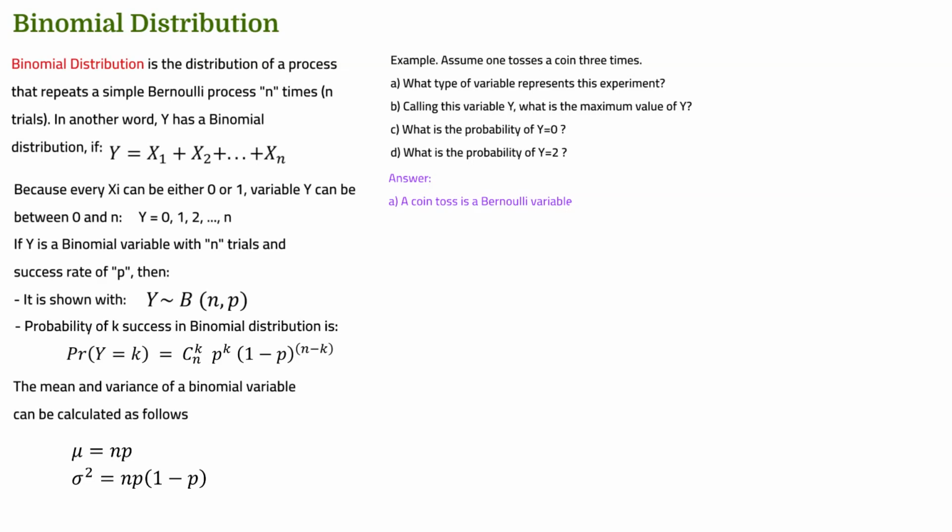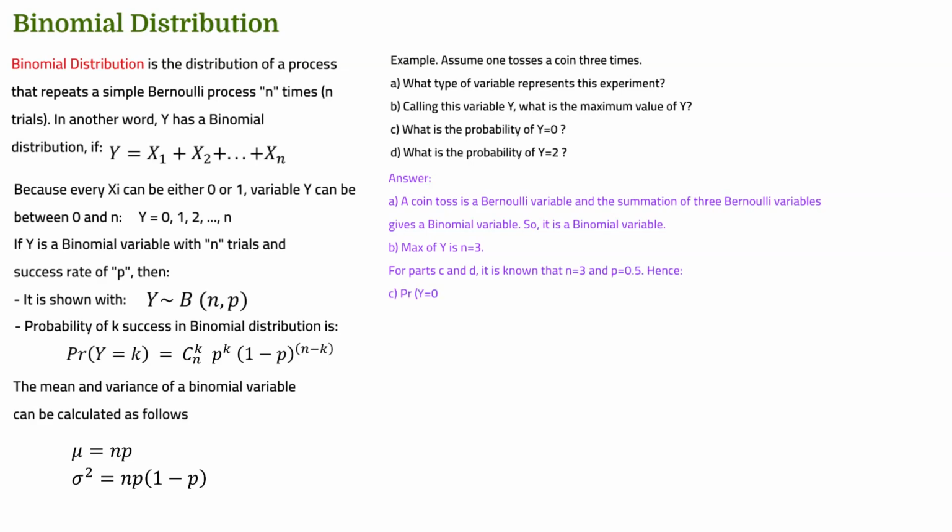Answer. A, a coin toss is a Bernoulli variable, and the summation of 3 Bernoulli variables gives a binomial variable. So it is a binomial variable. B, max of y is n, equal to 3. For parts C and D, it is known that n is equal to 3 and p is 0.5.